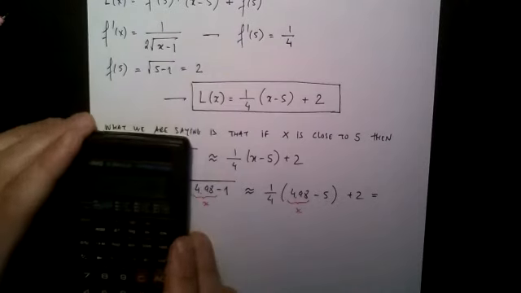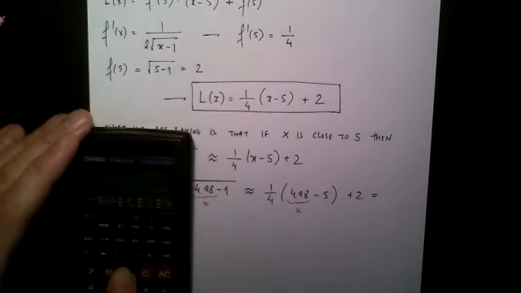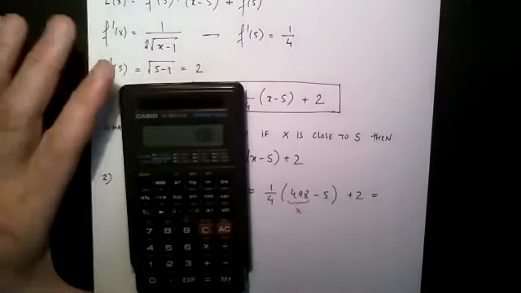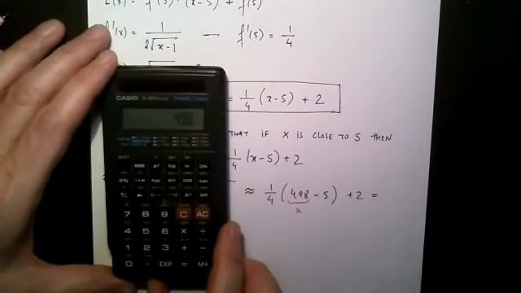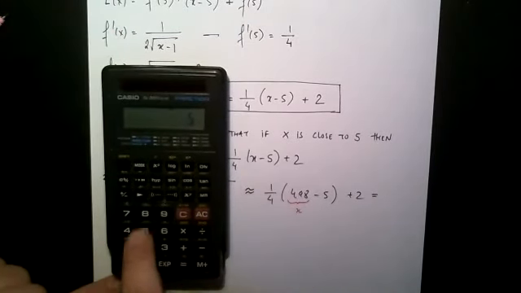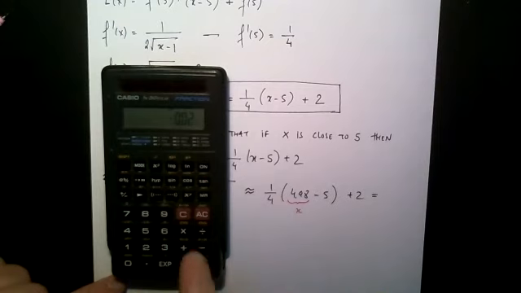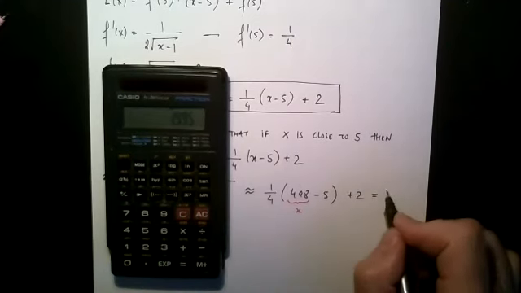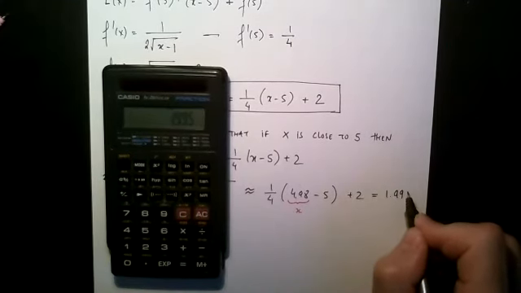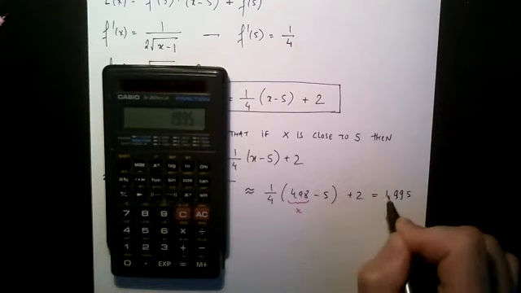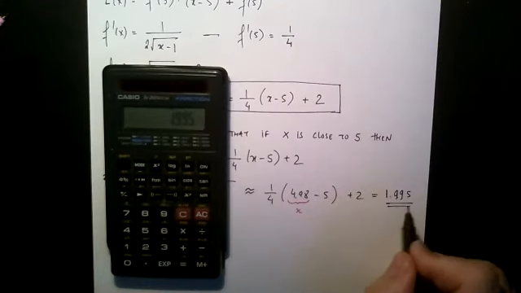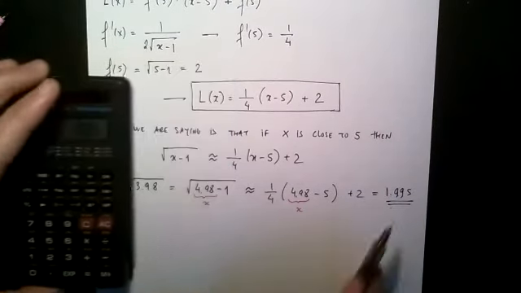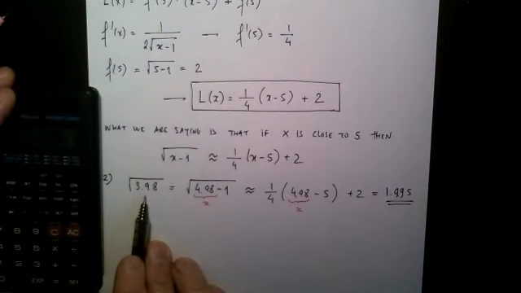Let's estimate. 4.98 minus 5, I get this, times 1/4, so divided by 4, I get this, and then plus 2. So I get 1.995. This is what I get as an estimation of the square root of 3.98.